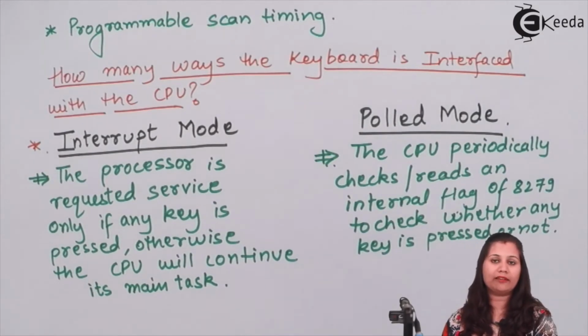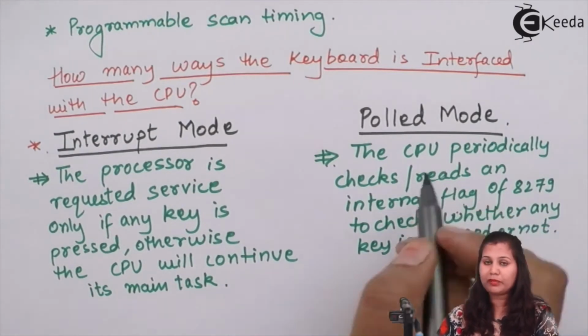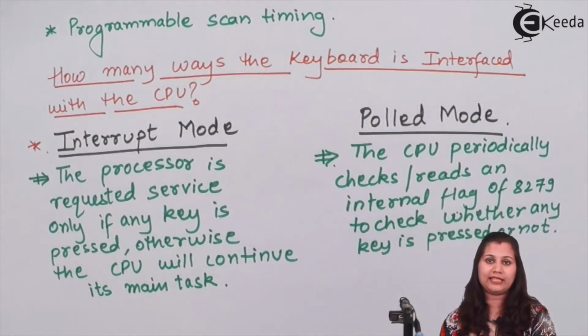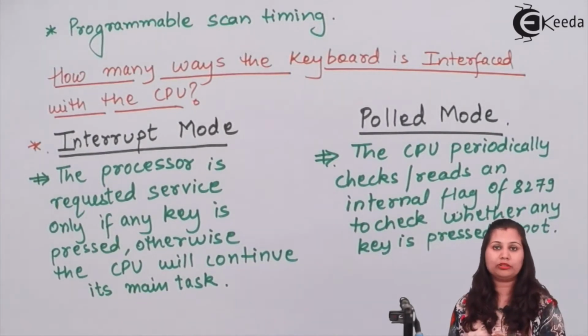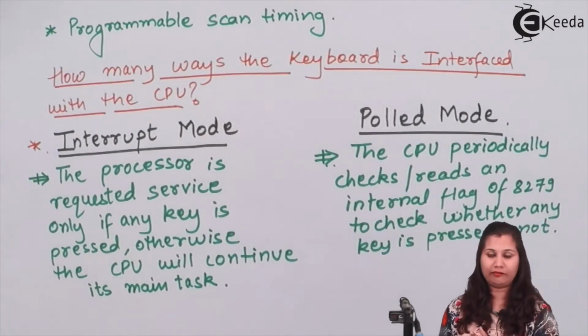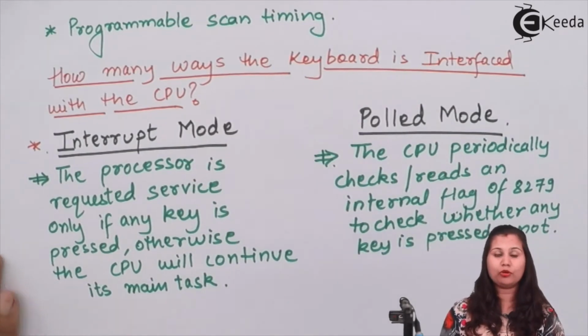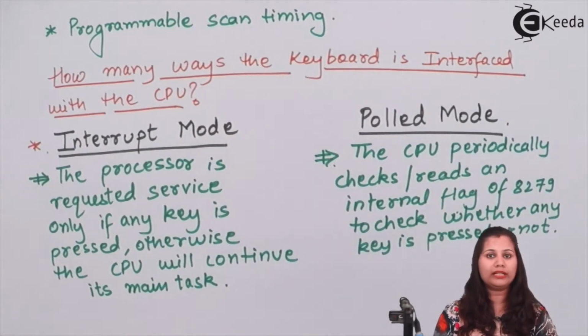Suppose after every 2 seconds, it is checking the flag to see whether a key is pressed or not. So the CPU is always busy, as it has to check the internal flag every time. A task has been assigned to the CPU that it has to check the internal flag, whereas in the interrupt mode the CPU will be disturbed only when a key is pressed and can continue doing its main task.